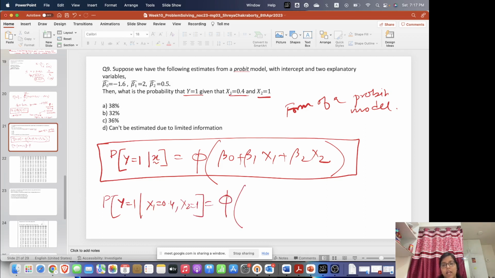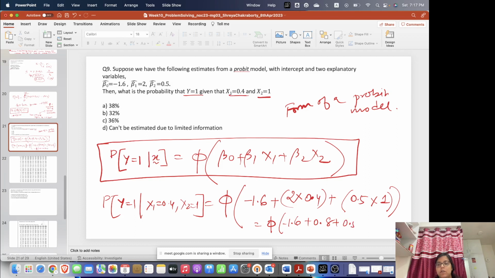So that will be phi of, we have beta naught hat here, minus 1.6 plus beta 1 hat is 2 into x1 value 0.4 plus beta 2 hat 0.5 into x2 is 1. So this would be phi of minus 1.6 plus 0.8 plus 0.5. This would be phi of minus 0.3.